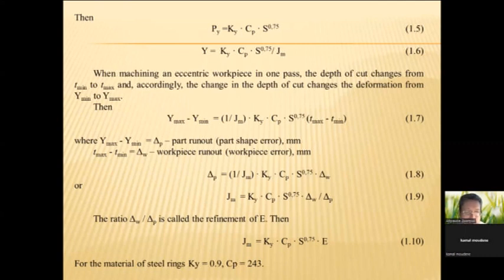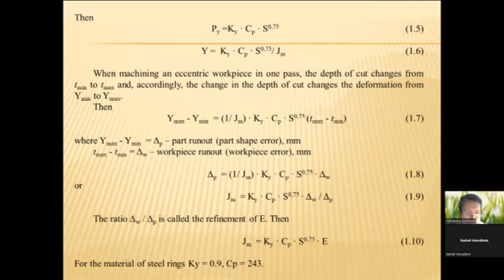Then the difference Y is equal Y maximum minus Y minimum, and we use the formula 1.7, 1 divided by rigidity of materials multiplied by K suffix Y multiplied by C suffix P and multiplied by S to the power of 0.75 and multiplied by T, difference between T maximum and T minimum.